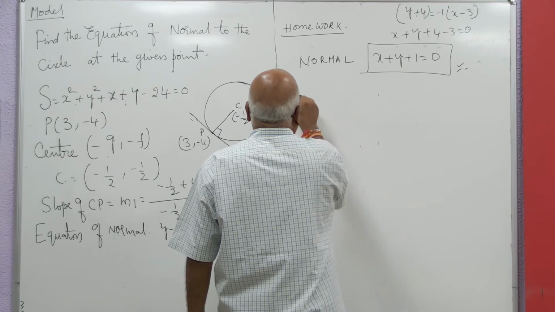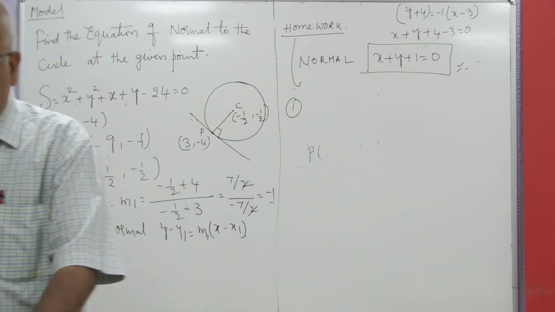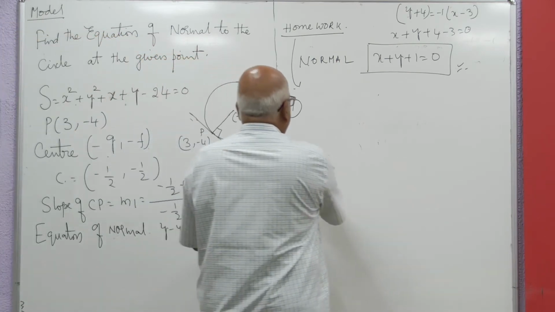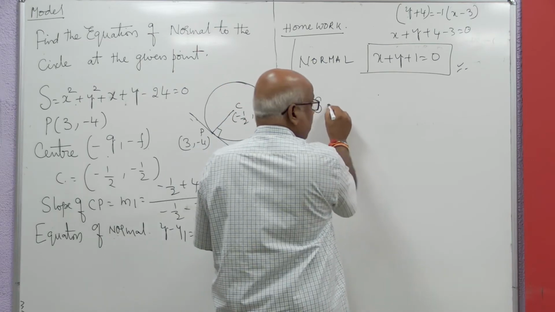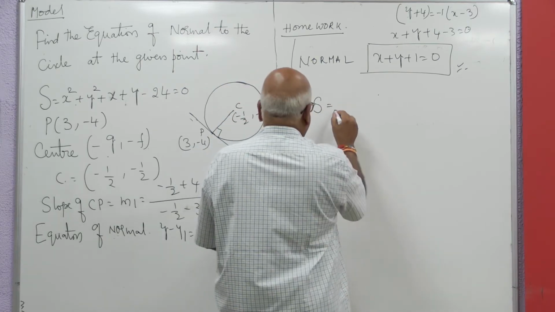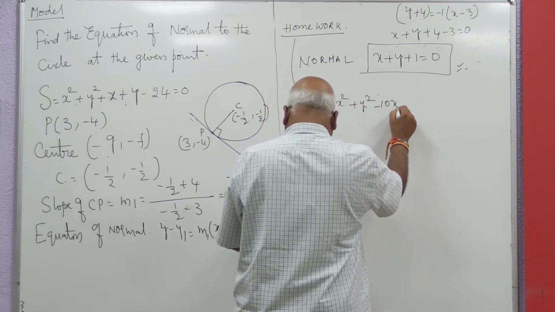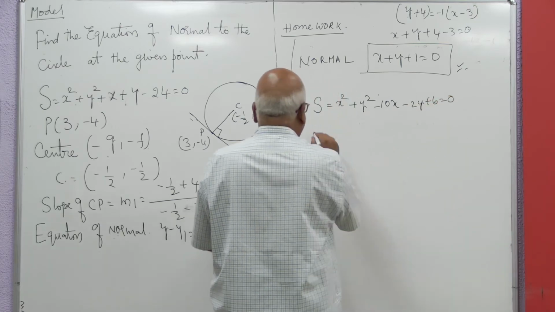In this model, you take two more problems as homework. Those two are circle equations and points. I will write them down here. You try to work out those ones. Circle equation is x square plus y square minus 10x minus 2y plus 6 equal to 0.